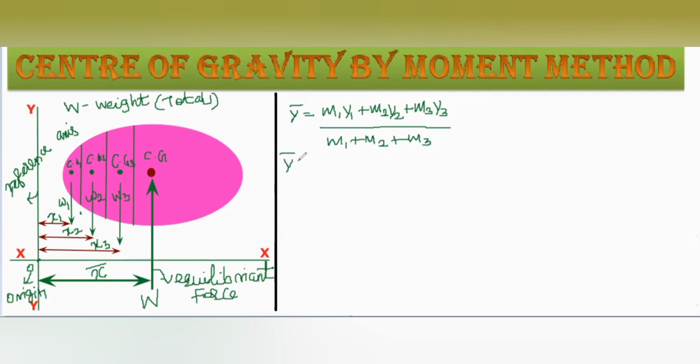Here y bar is the distance of center of gravity from reference axis. And here you can see m1, m2, m3 are the values of masses of the individual areas or strips.